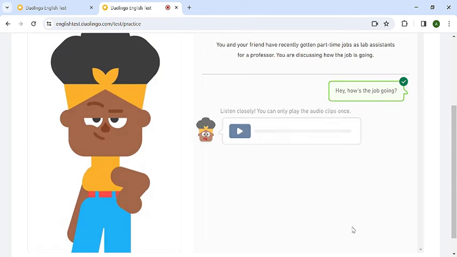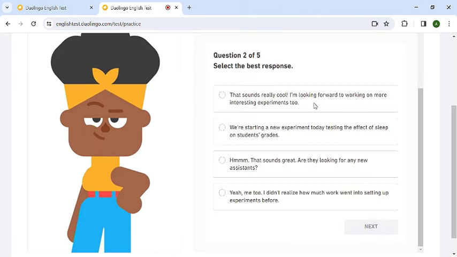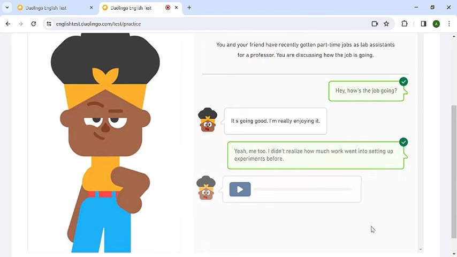Next. It's going good. I'm really enjoying it. Yeah, me too. I didn't realize how much work went into setting up an experiment. Yeah, it's a lot of work. But it's really interesting to see how everything works and to be a part of the process.